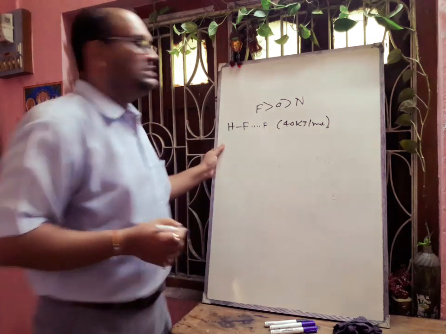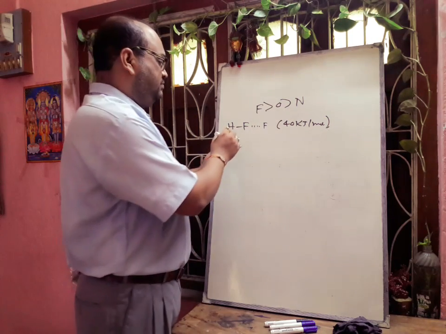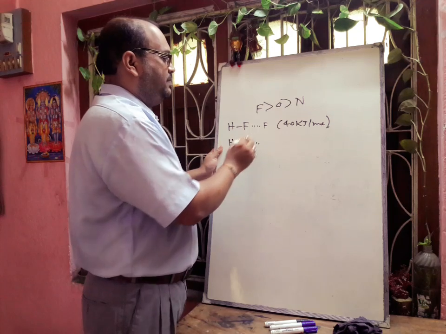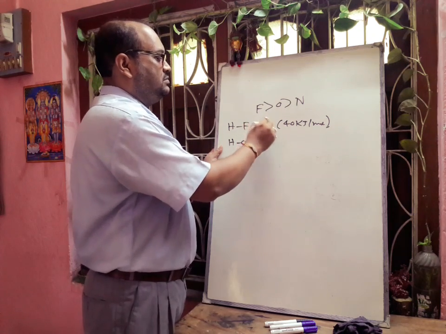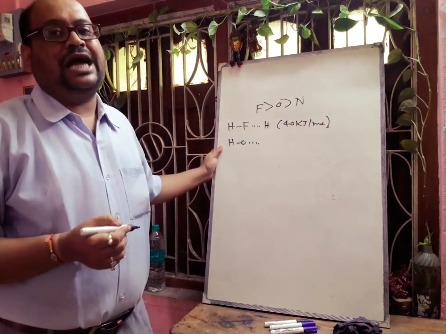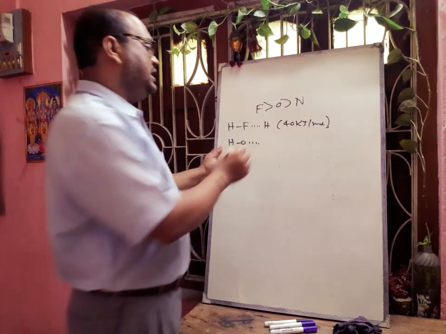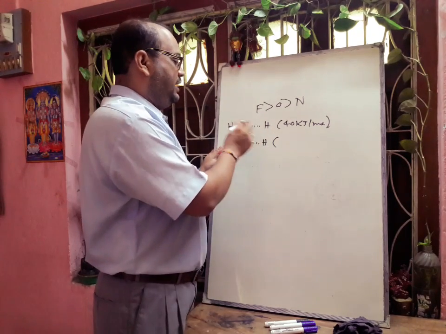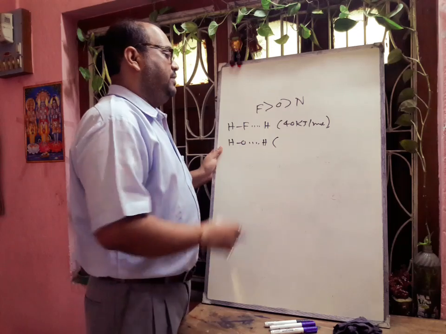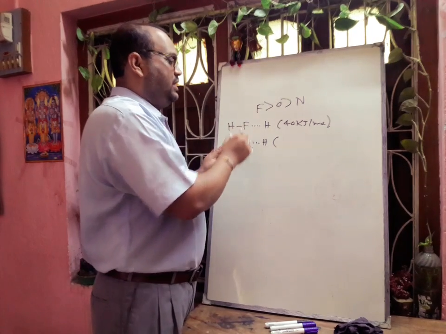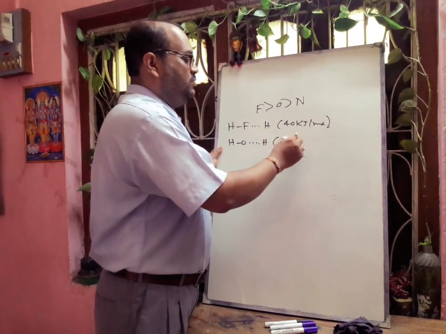But when oxygen is forming hydrogen bond, so here will be H. When oxygen is forming that hydrogen bond, then its energy will be lower compared to HF. Okay, this fluorine atom compared to this fluorine atom, it will be around 28 kilojoule per mole.